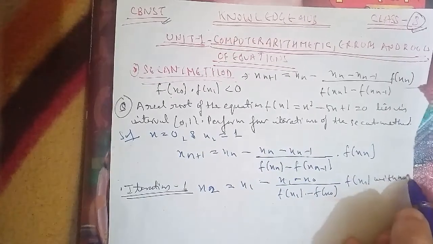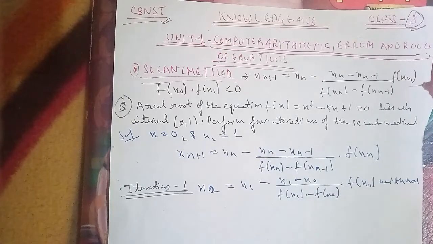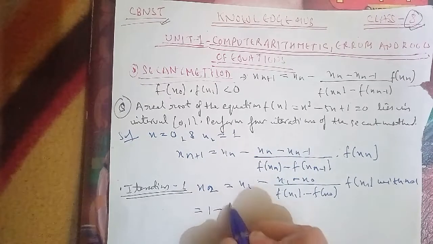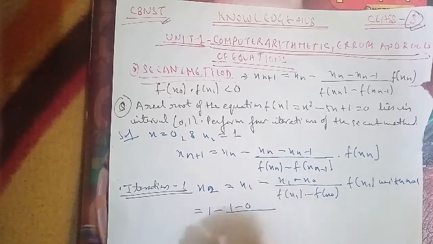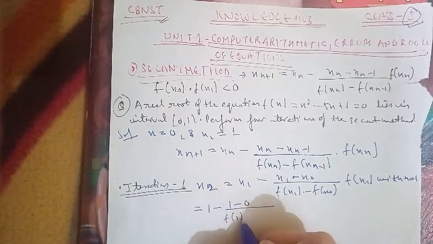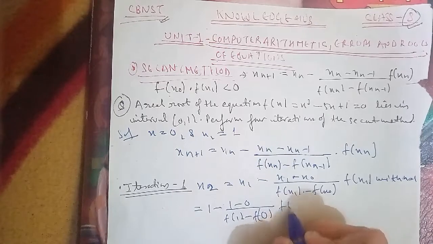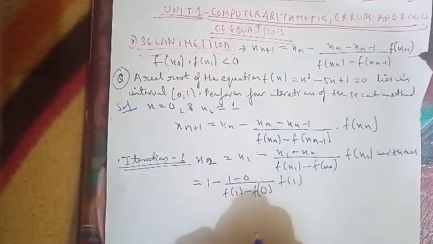With n equals to 1, we'll put the value n equals to 1. So what we'll get? 1 minus 0 upon f of 1 minus f of 0, times f of 1.